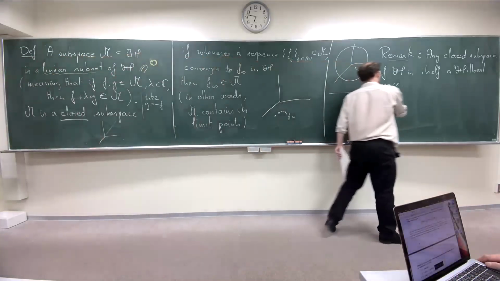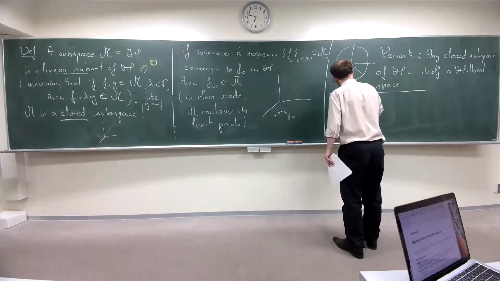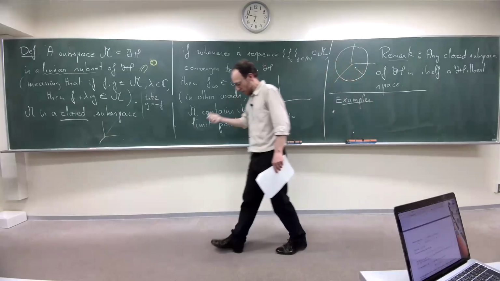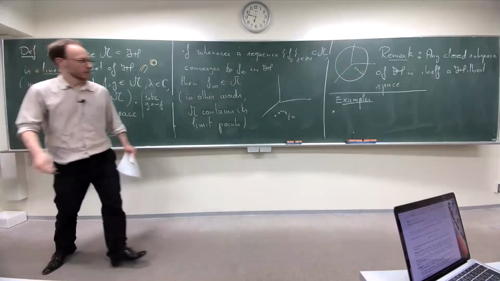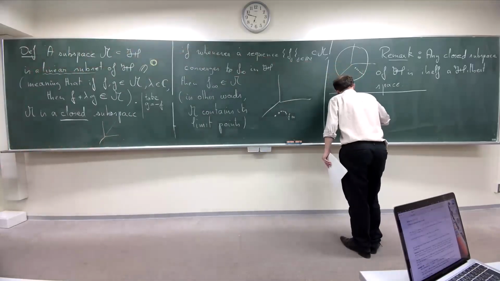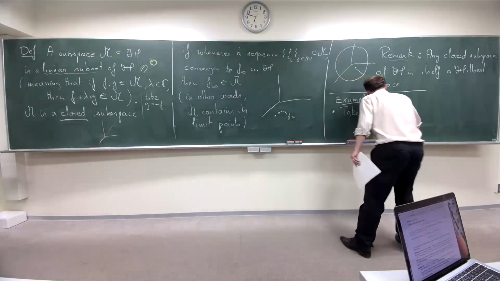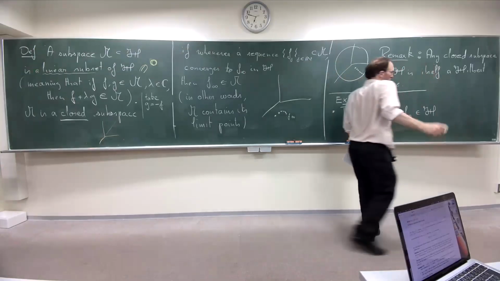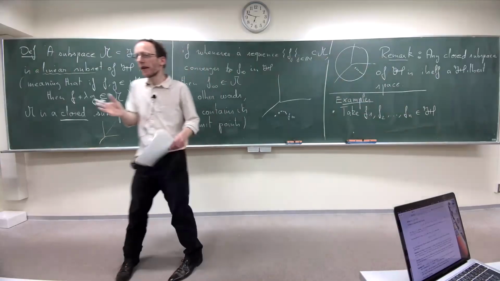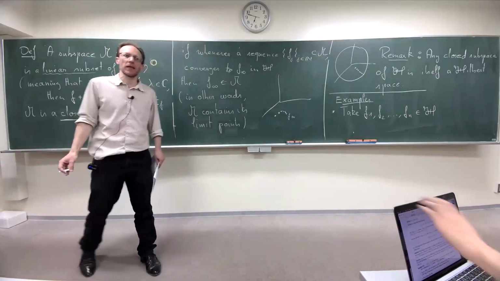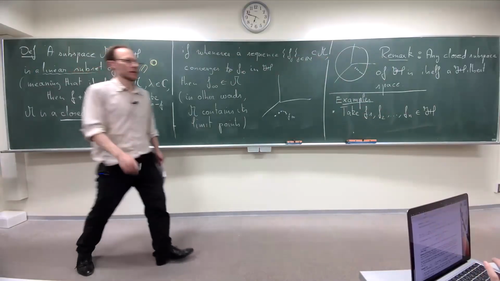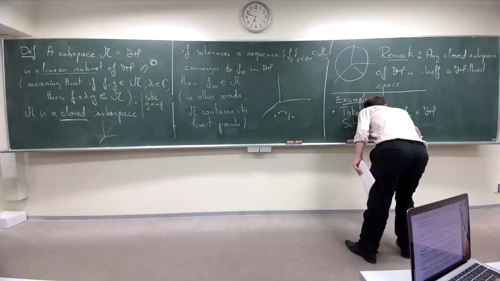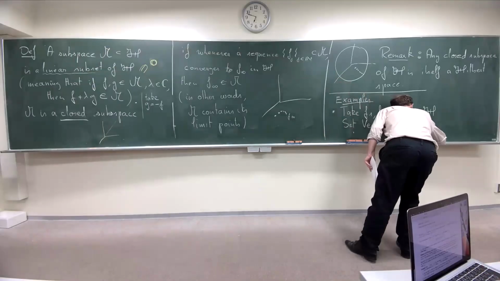Examples. I want to have a few examples of subspaces and closed subspaces. Take a finite family F1 up to Fn inside H. Any collection of n elements. They can be linearly dependent or not, doesn't matter. Just take n elements in a Hilbert space and set what we call vect of F1 up to Fn.